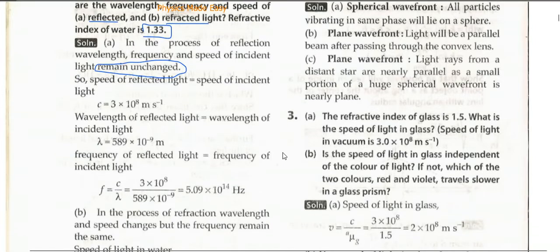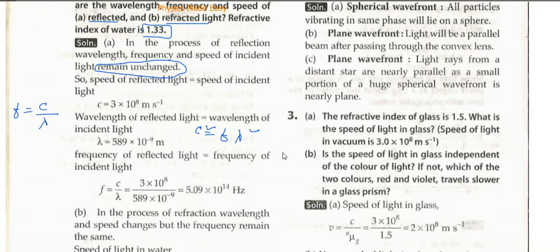And if we have to calculate its frequency, then the formula is very simple. c is equal to nu lambda, or c is equal to f lambda. Now lambda is given and c is also known. We can calculate f is equal to c by lambda.